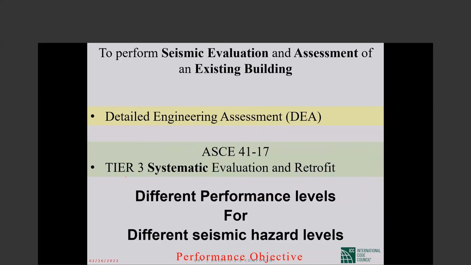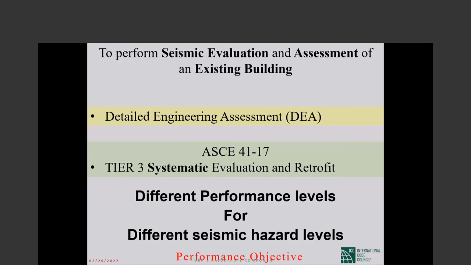We should be able to consider different levels of earthquakes and different levels of damage. We call them different levels of performance, and whatever they ask us, we should be able to check. If they say check this building for this level of earthquake, for example a 100-year return period earthquake, for this level of performance, we should be able to.